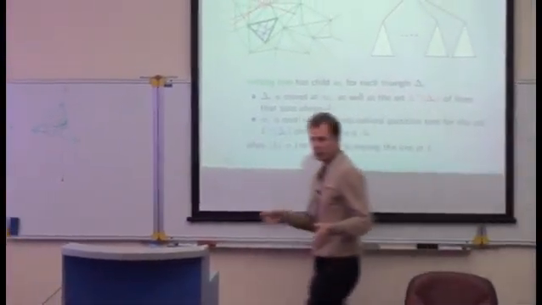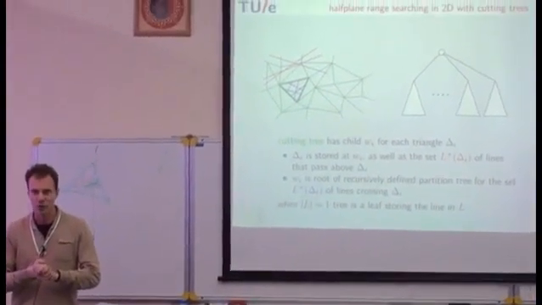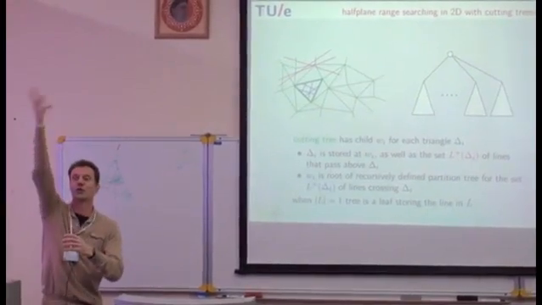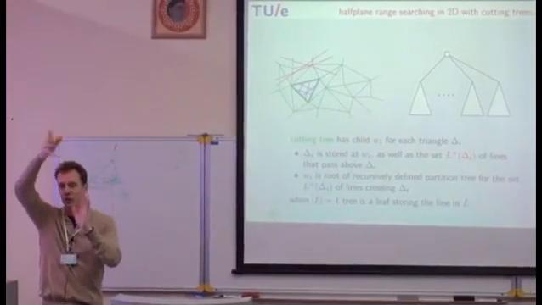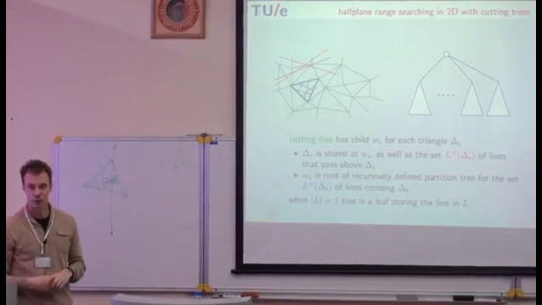So you could imagine that maybe you can somehow be a little bit more space efficient by not storing it and looking at all these triangles above and somehow collecting the lines from there, but that's not what we do.